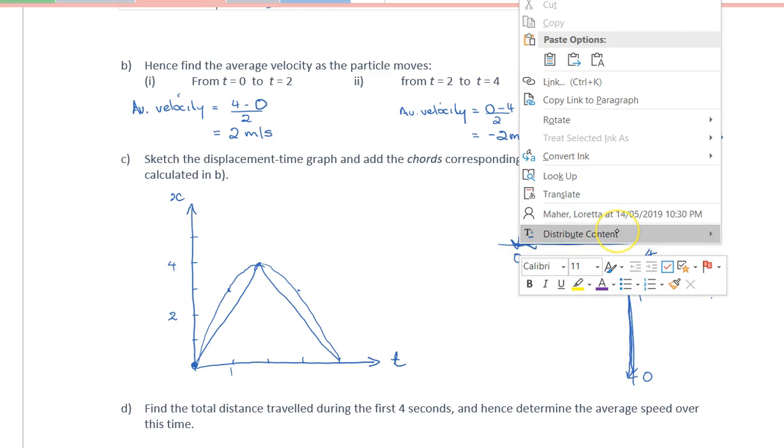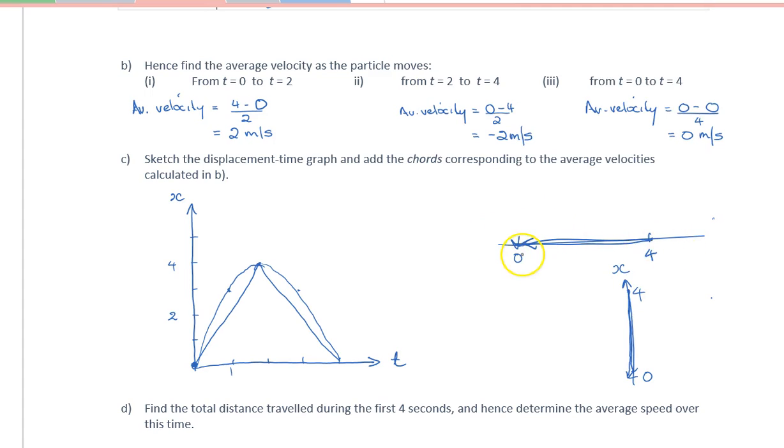So it could have been a simple journey from this position out and back. It doesn't mean it's gone up in the air like a ball, throwing a ball. But the graph of the displacement is a parabola. You'll get used to that.